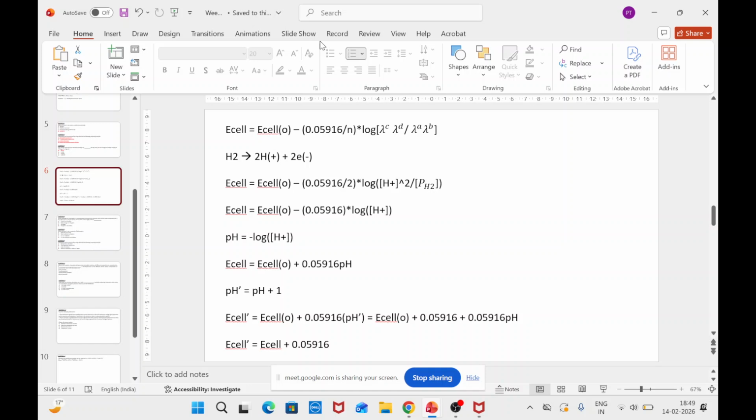Any questions? You can remember this particular expression also if you want, but I would prefer everyone to derive it. But if this is easier, then try to remember that E cell equals E naught of the cell plus 0.05916 times pH of that particular system.